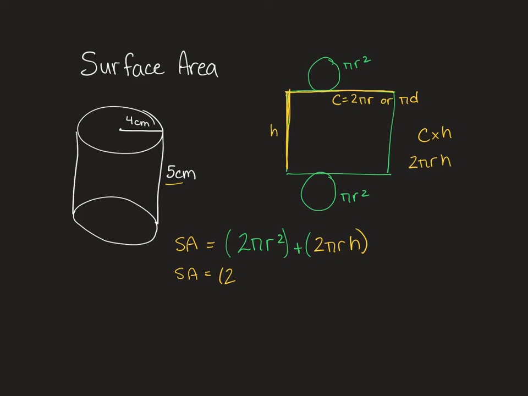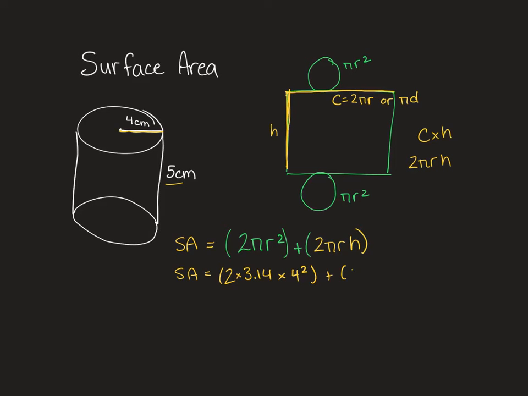So instead of pi, I will put 3.14, and for radius, we'll use 4 and leave the squared, because this is our radius, the distance to the edge.